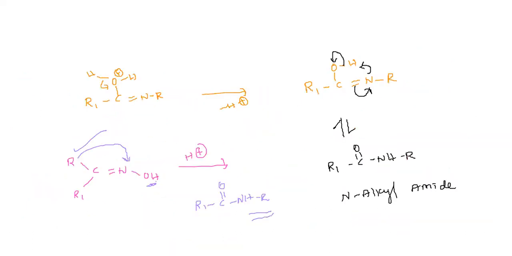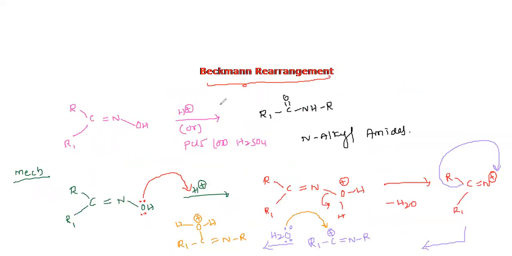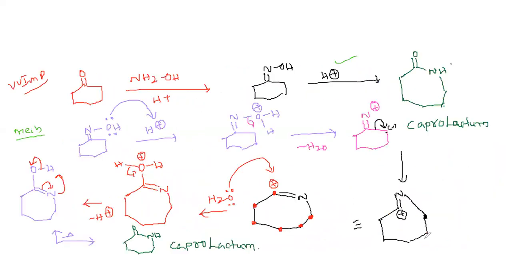Here we discussed the Beckmann rearrangement. Always the alkyl group opposite of the OH group is involved in the rearrangement. We get an alkylamide. Similarly, if it is a cyclic system, here also we get an amide because nitrogen is attached to it. Here 1, 2, you have 3 carbons, 4 carbons, 5 carbons, 6 carbons.